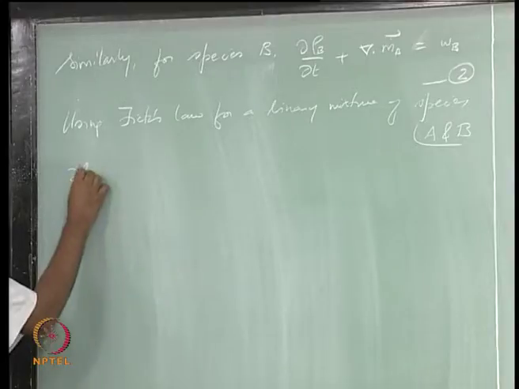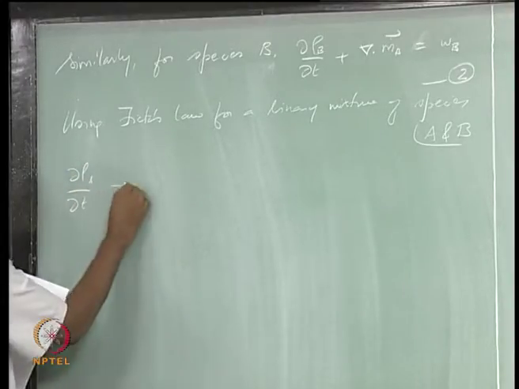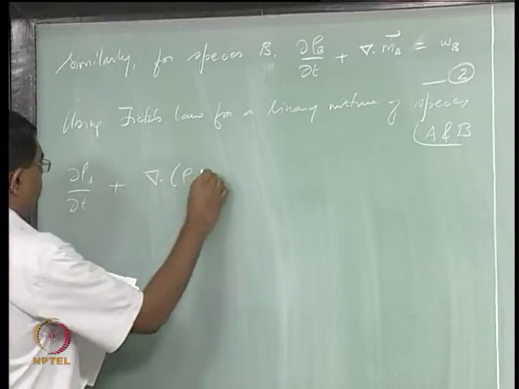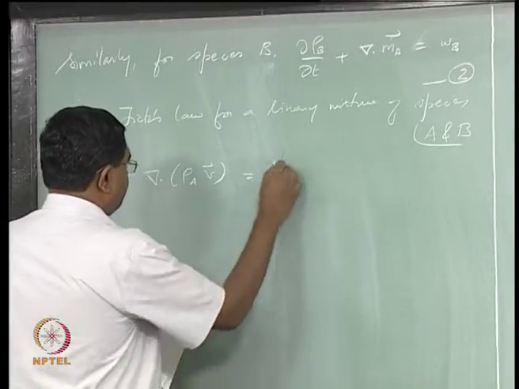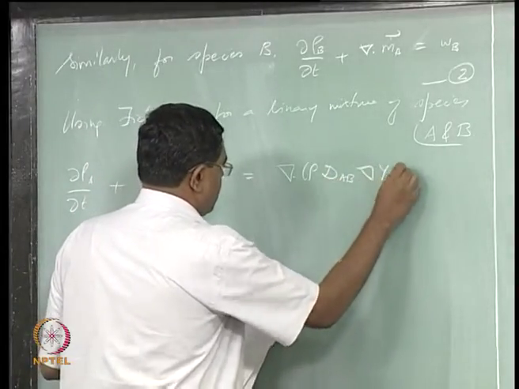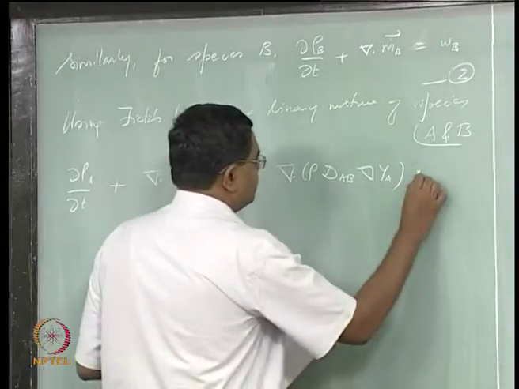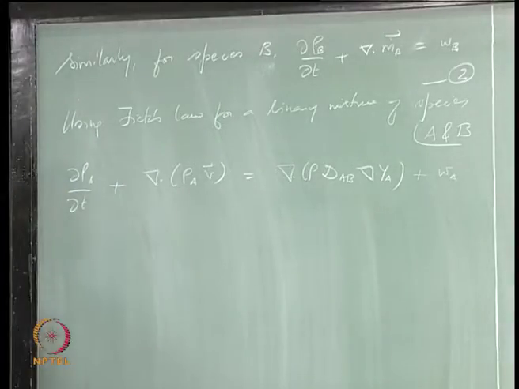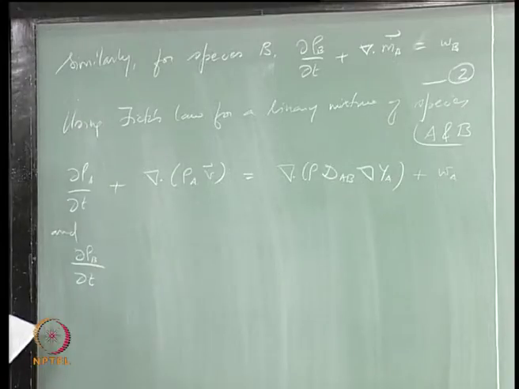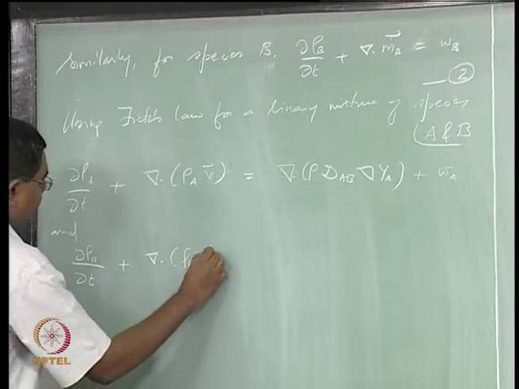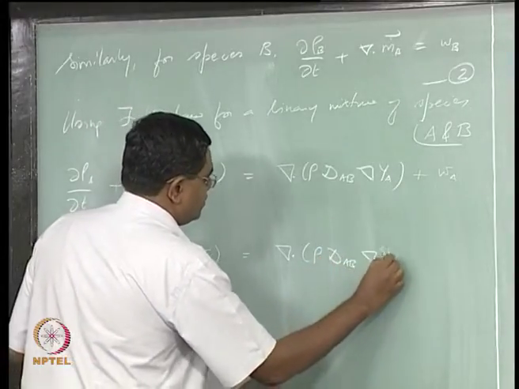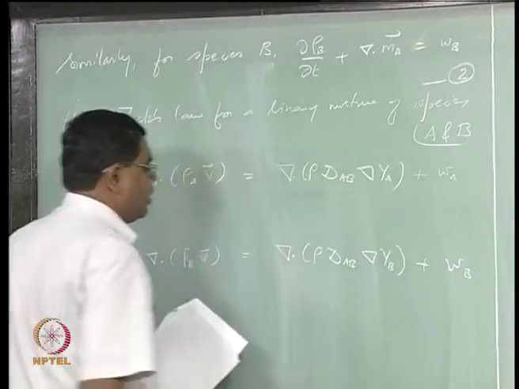We can now say dou rho A over dou T plus divergence rho A V vector equal to divergence rho DAB gradient YA plus WA, and dou rho B over dou T plus divergence rho B V vector equal to divergence rho DAB gradient YB plus WB.